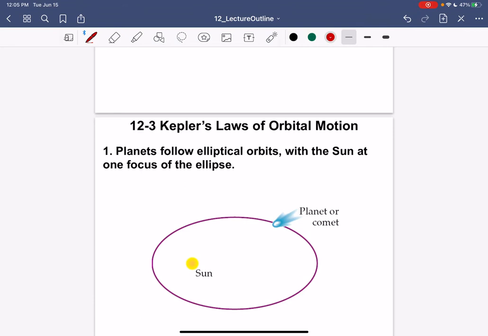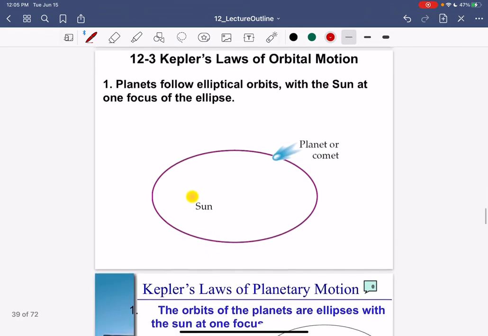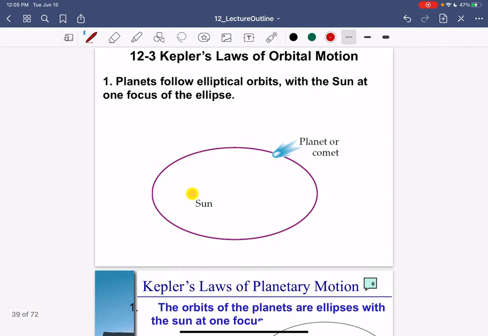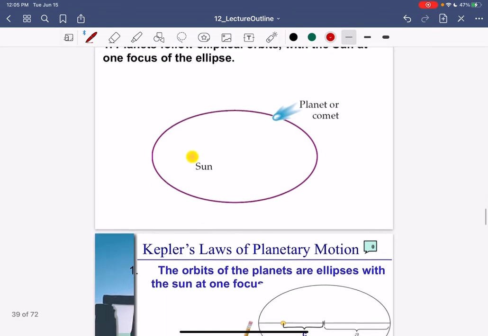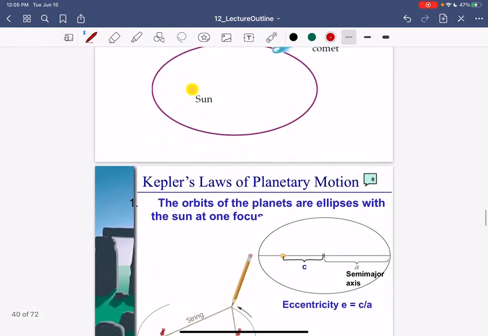The first law is that planets follow elliptical orbits with the sun at one focus of the ellipse. The ellipse is different from a circle in that it doesn't have a fixed radius. It is an oval shape, which we call elliptical.